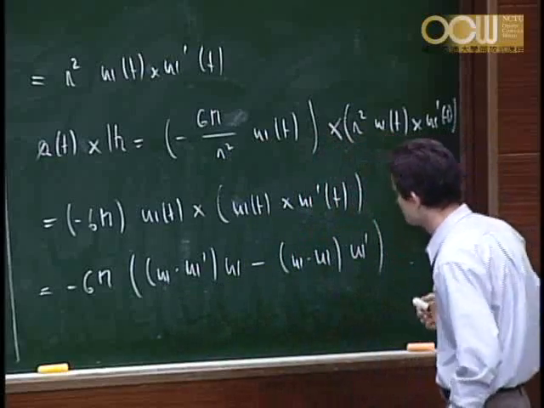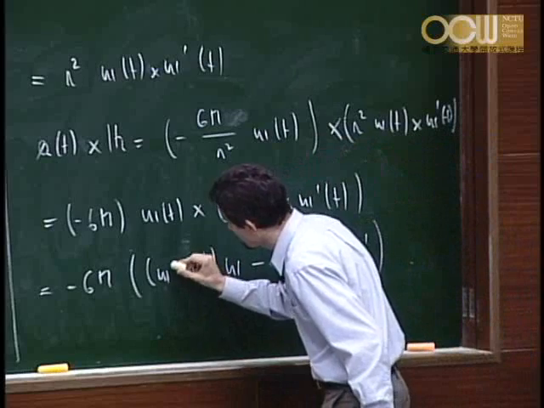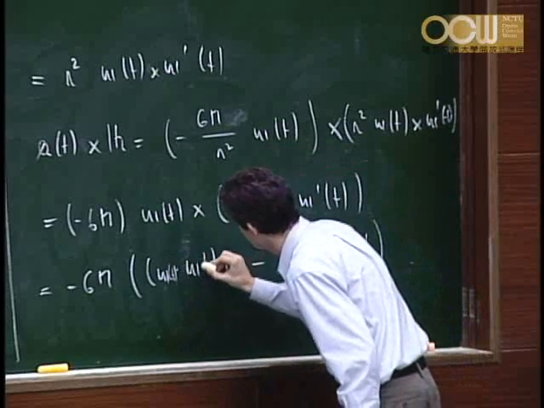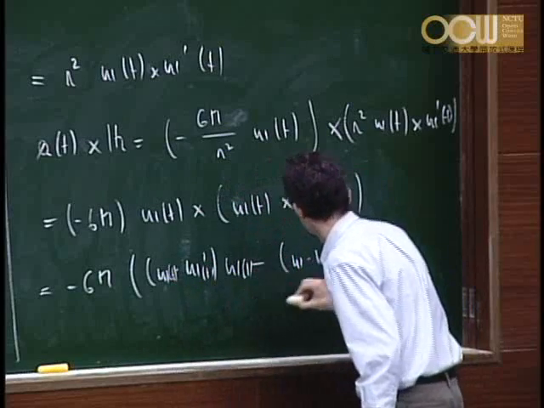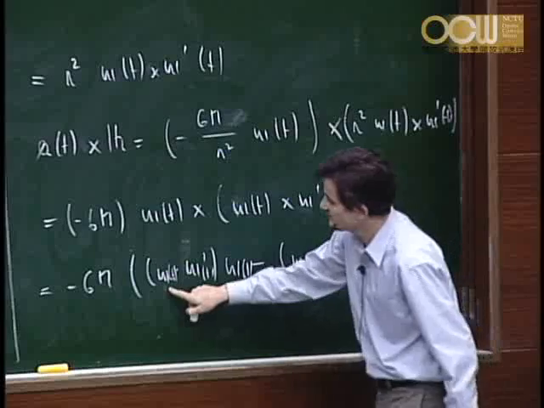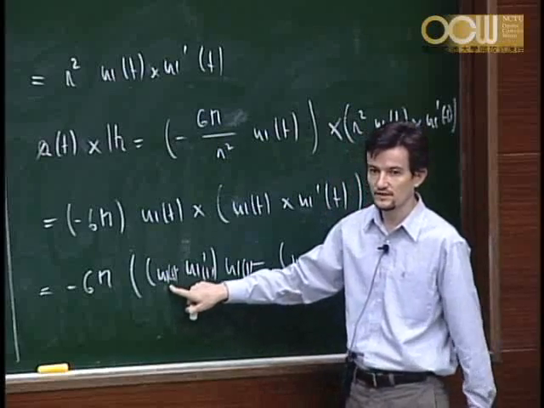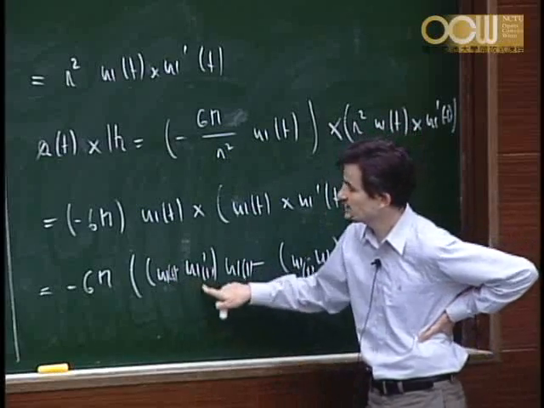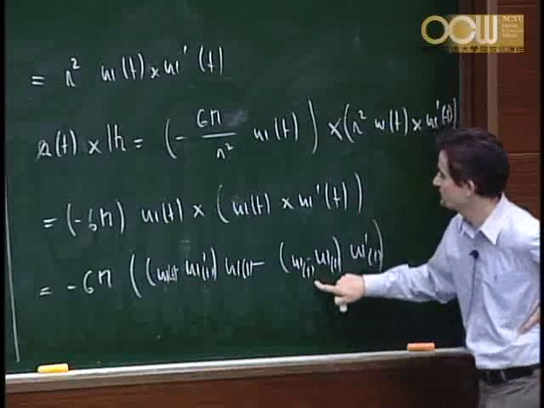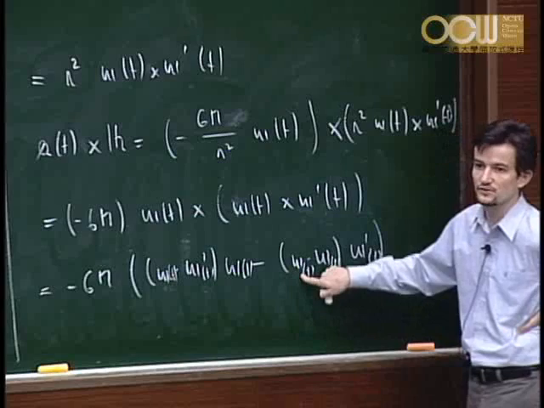Now, sorry, for all of them I have to give it a t. Here's a t, here's a t, here's a t. But this here is a vector function of length 1. So the derivative will be orthogonal to this one. So this will be equal to 0. And here you see this is just 1 because this is a vector function of length 1.